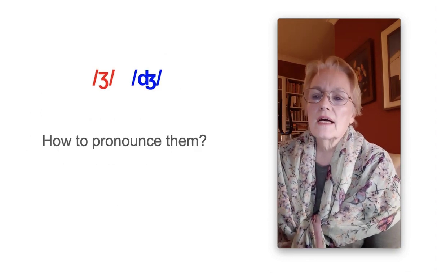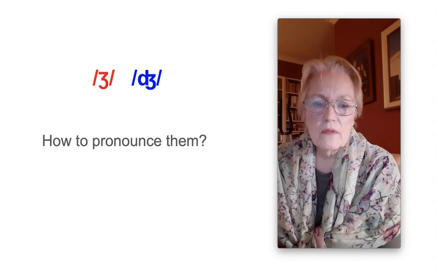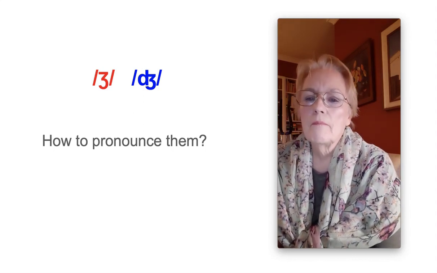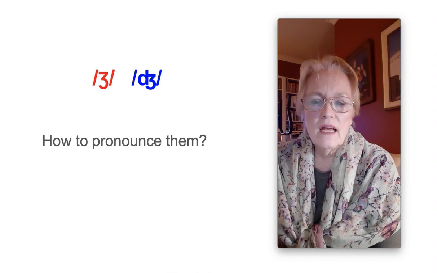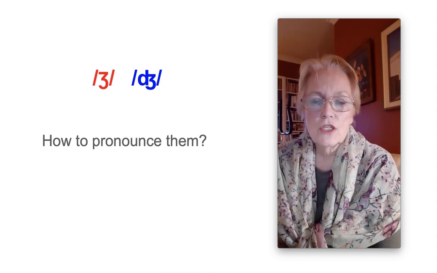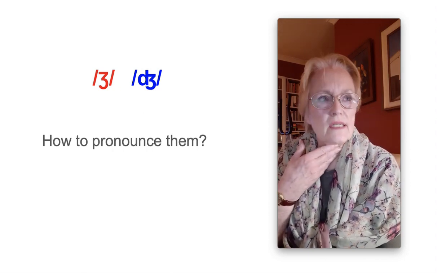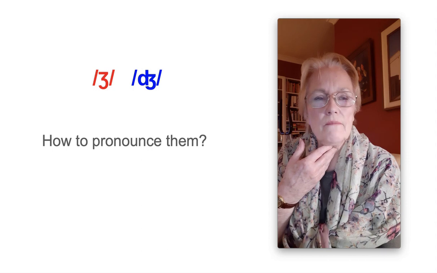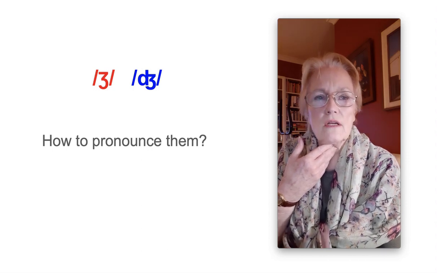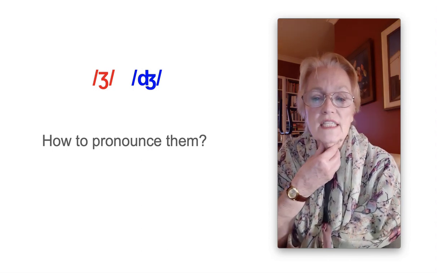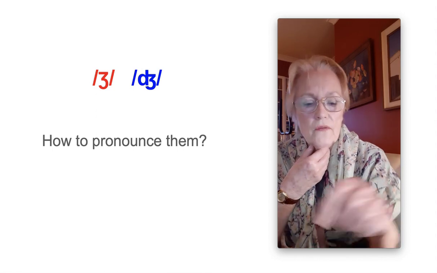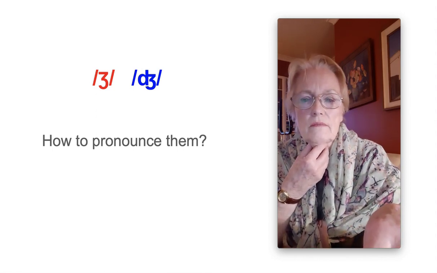Okay, now the other one that Phoneme was saying was the sh and the j. J, j, j. Yes, that's a sound. That's a voiced sound. J, definitely. Both of them are voiced. So let's talk about the difference between the two of them.